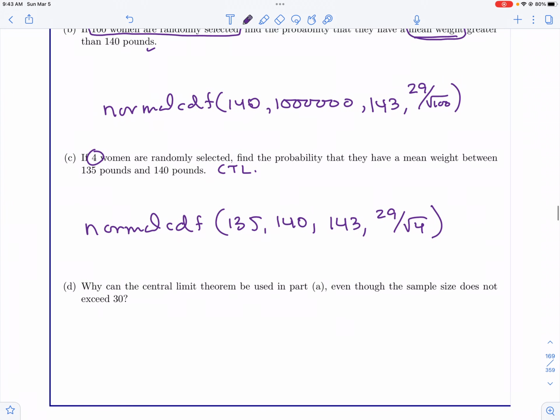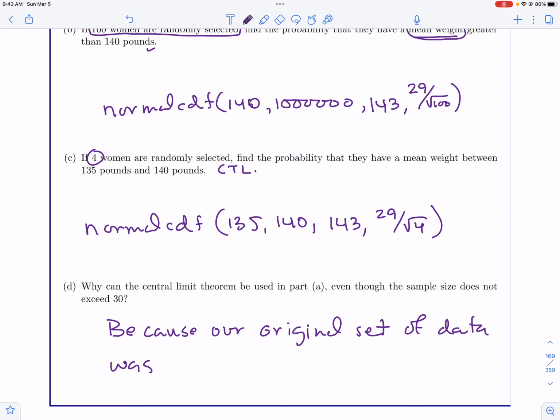And so again, for part D, why can we use the central limit theorem even though our sample size did not exceed 30? Because our original set of data was normally distributed.